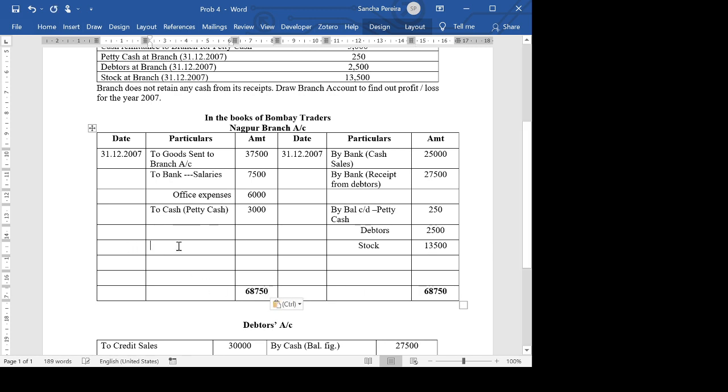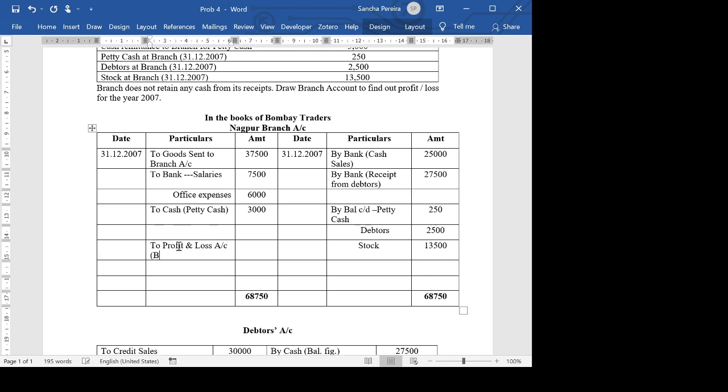So the profit and loss account is the balancing figure here. 68,750 minus all those expenses, 37,500 minus 7,500 minus 6,000 and 3,000, will be 14,750.